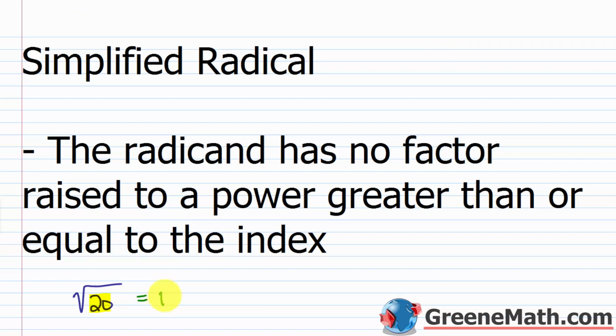So we could write this as the square root of 4 times the square root of 5. This guy would represent the rational number 2. So we would just write this as 2 times the square root of 5, and that would be considered simplified, okay? If you had a cube root, then you don't want any factor of the radicand to be a perfect cube. If you had a fourth root, you don't want any factor of the radicand to be a perfect fourth, so on and so forth.